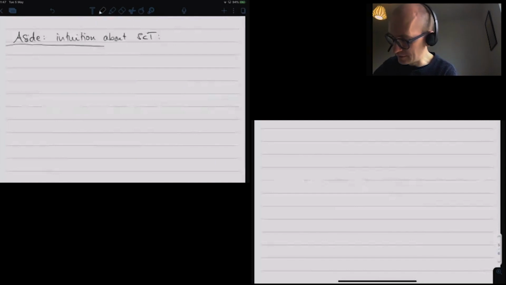So this can be seen basically as a combination of inversions and translations and then inversions again. So let me show that.